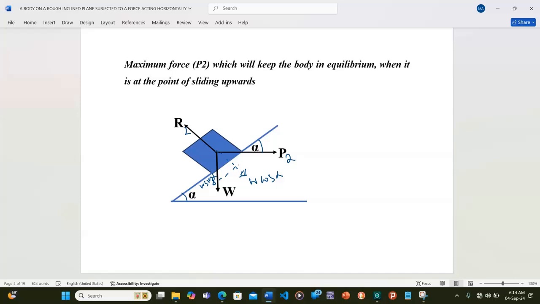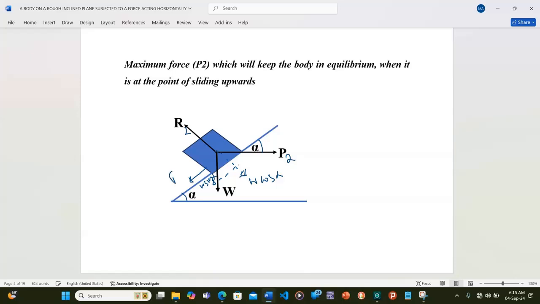So when the body is at a point of sliding upwards, the force of friction will act downwards along the plane, because frictional force will always act opposite to the direction of motion of the body.